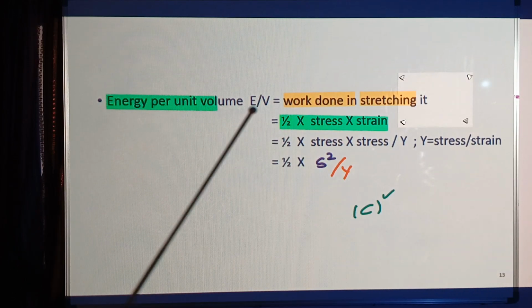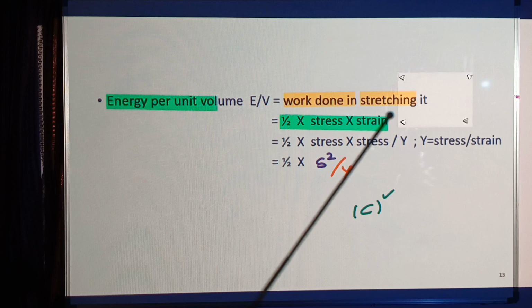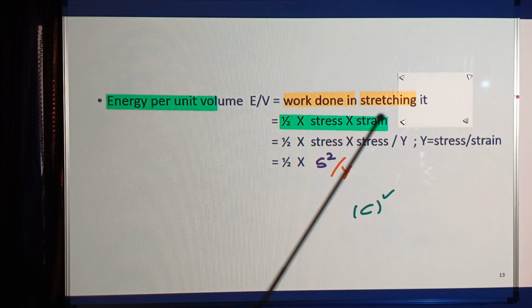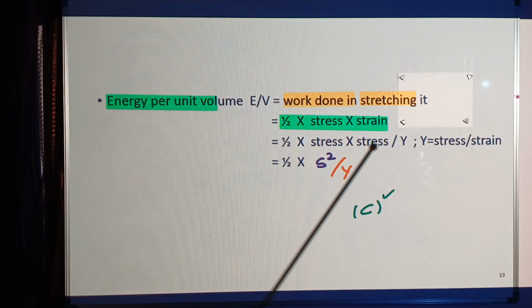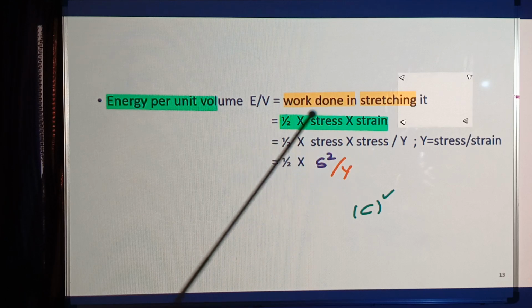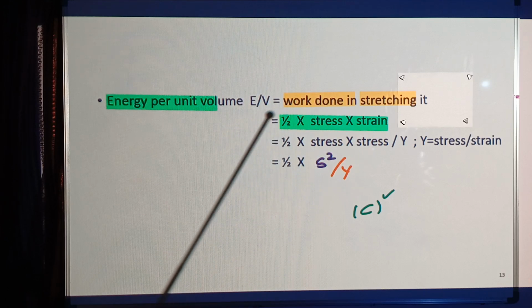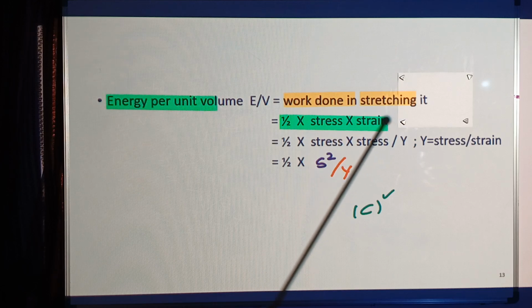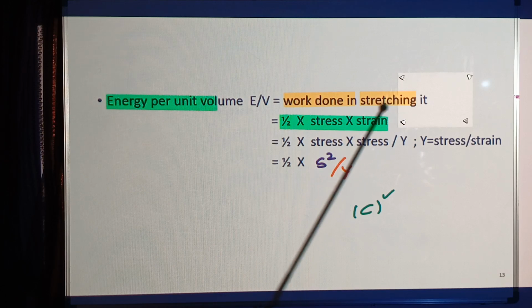Energy per unit volume is work done in stretching it. For example, if you take a spring and stretch it, some work is required to do the stretching, and that work done is getting stored as energy. Similarly, a rubber band or even a rigid rod, to stretch it, you have to do some work on it. So that work will get stored in the system as energy.